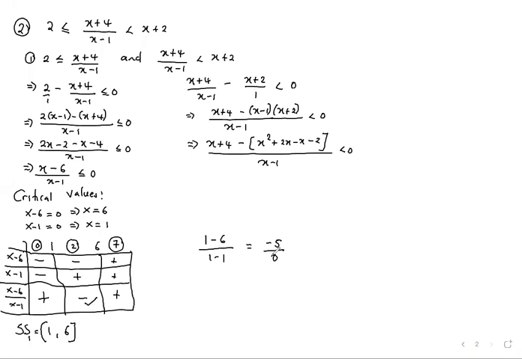It's undefined, is it? Yes. So that's why we avoid using 1. But if we use 6, it will be 6 minus 6 over 6 minus 1, which is 0 over 5, which is 0, which is equal to 0.